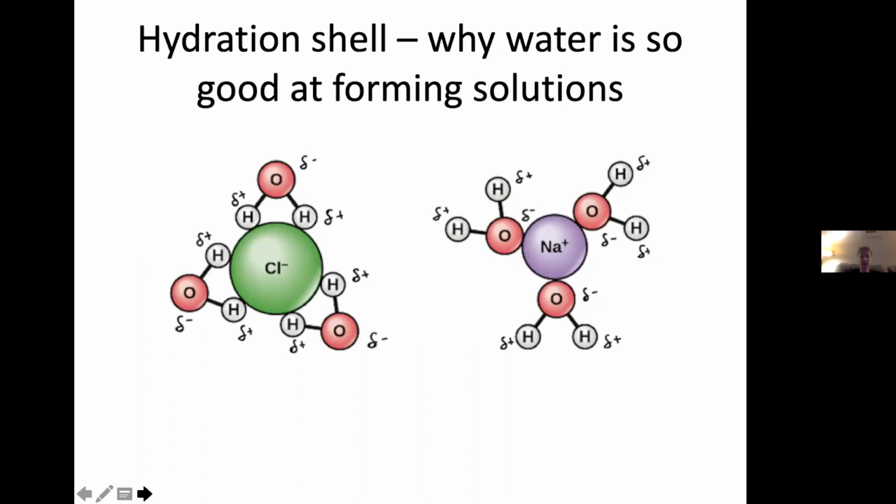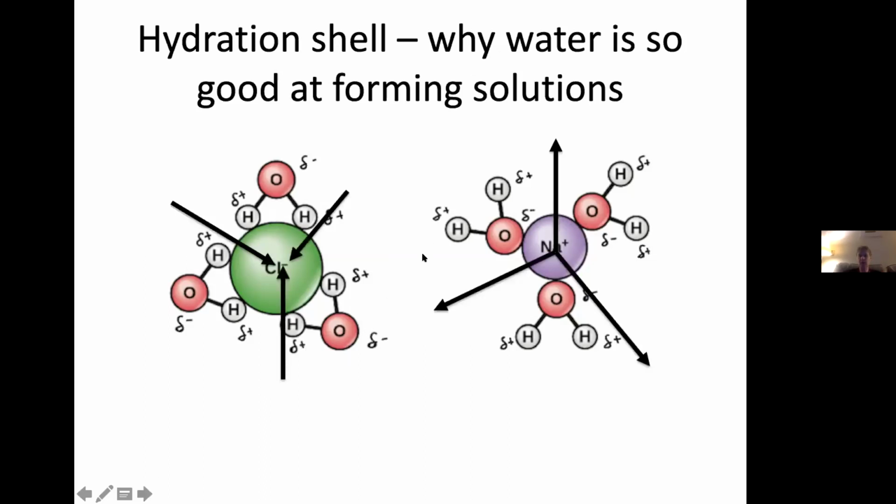And I want to go to the next page because I want to connect with what Professor Slifer said. So this chlorine molecule, these three arrows are indicative of the electric field of the chlorine molecule.